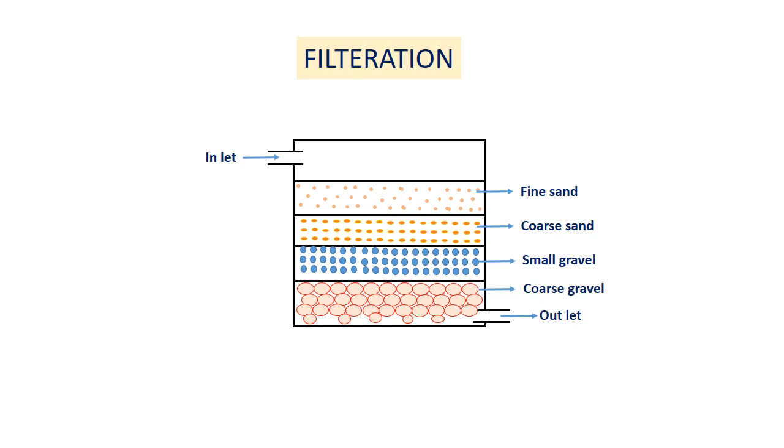What we do here is pass on the water. After sedimentation, the water is passed through the fine sand. Slowly, due to gravitational force, it infiltrates. The small particles which still remain in the water are filtered off by the fine sand, and it then crosses all four layers.